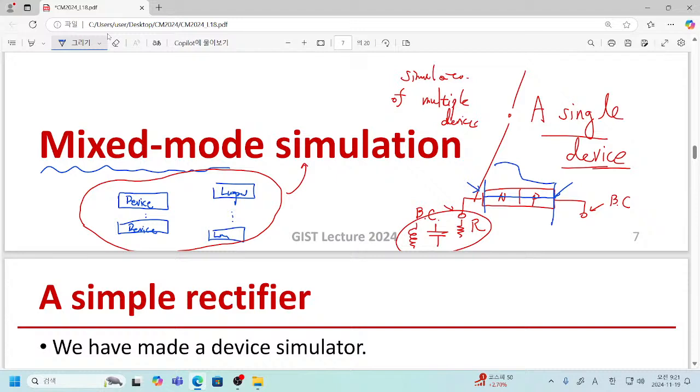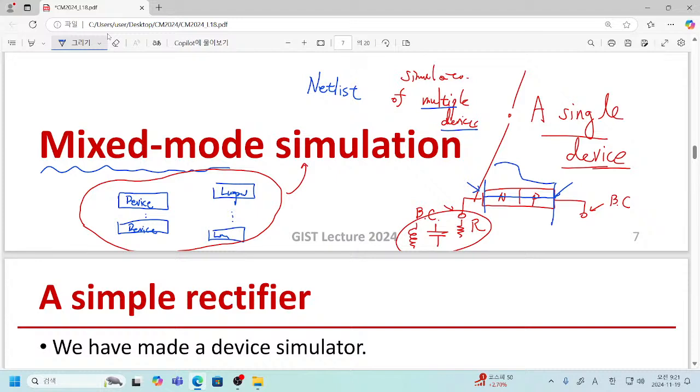However, the simulation of multiple devices requires a net list, what is the connectivity between one single device and the other device. Are their first terminal and second terminals connected or not?